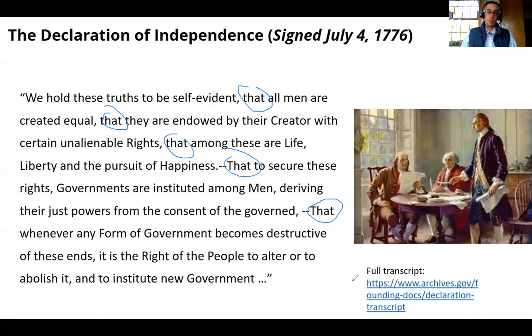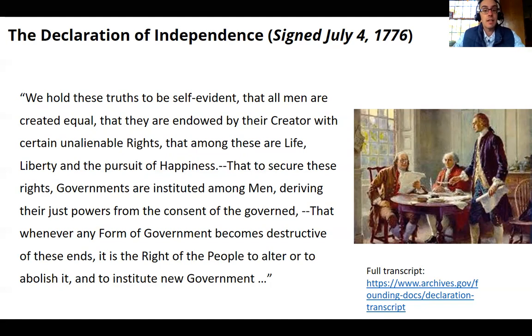Now, consider what we're reading. We're reading the Declaration of Independence. What comes after this in the Declaration of Independence is a list of complaints about the government in London and the king. It's actually just a long list of complaints.